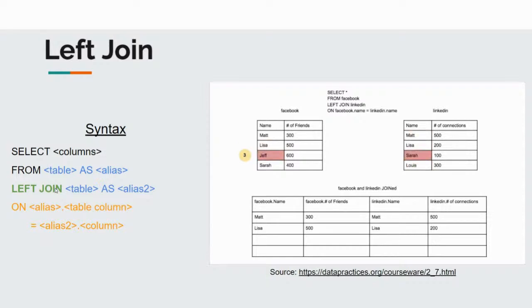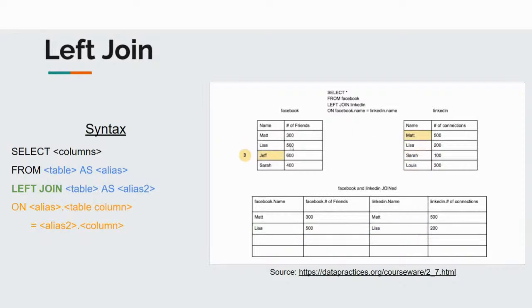Remember the Venn diagram: it'll keep everything in the A table, the Facebook table, and then join it where it matches on the B table. Since we do a left join, we're going to get all the records from this table, and then all the records where it matches on A or there is no match on B.